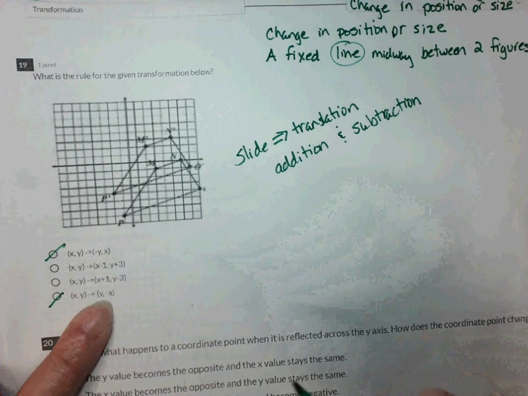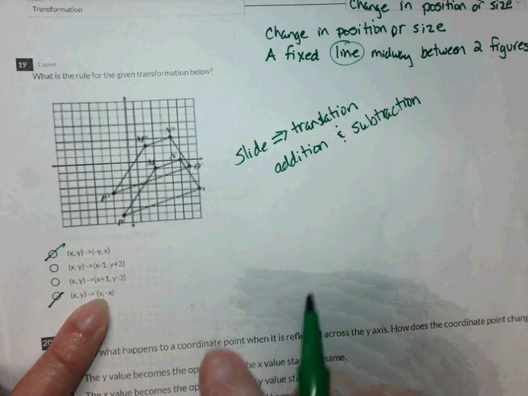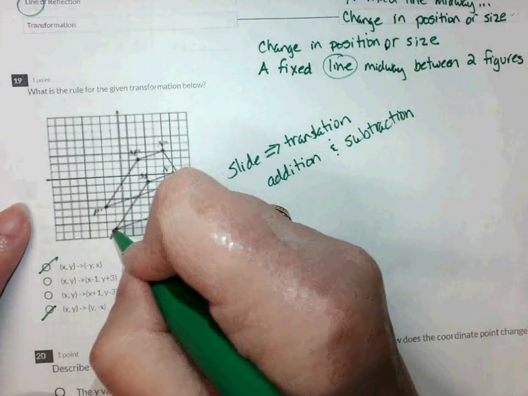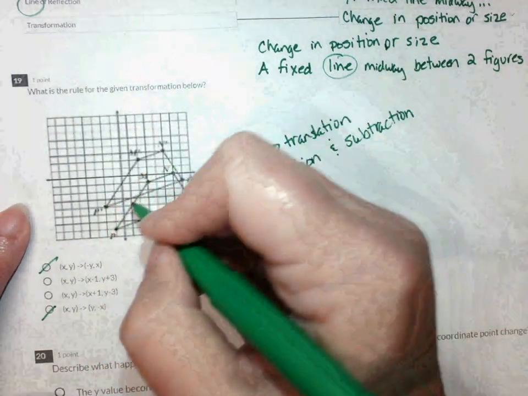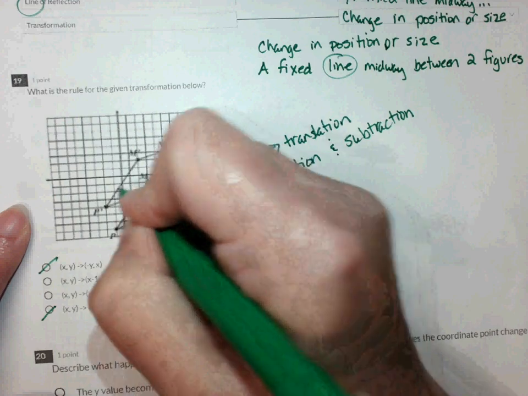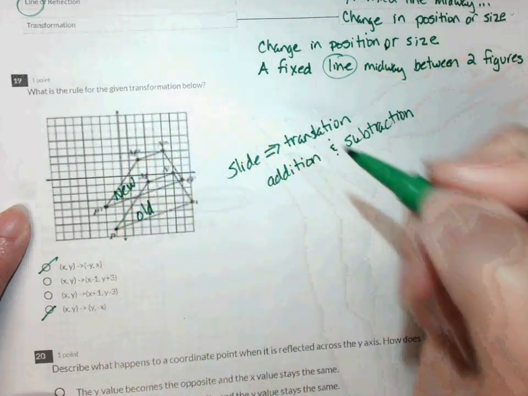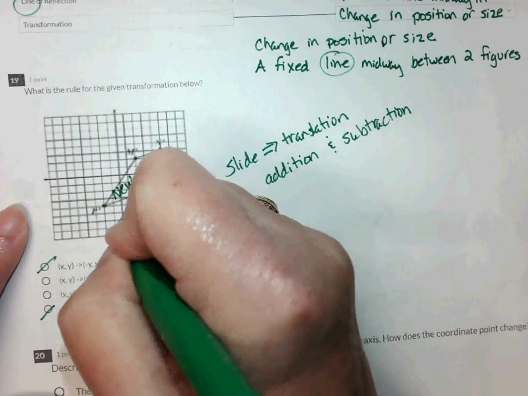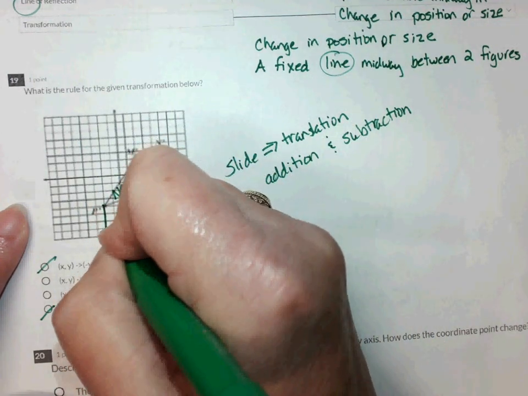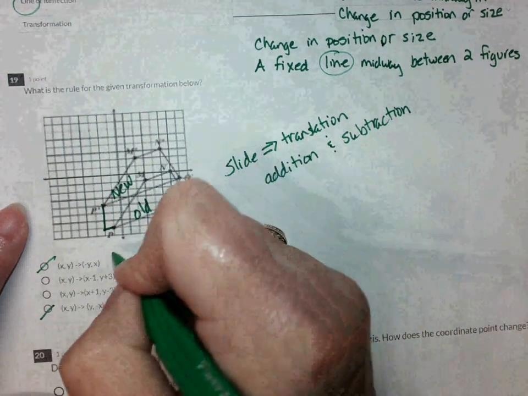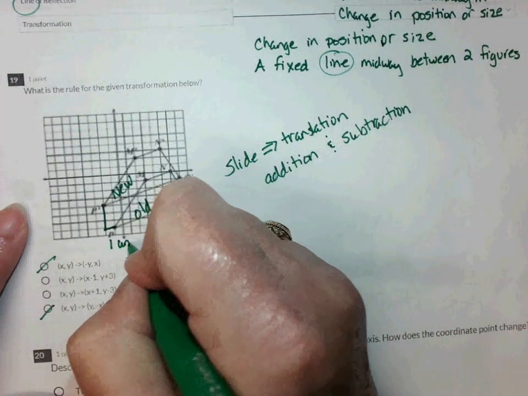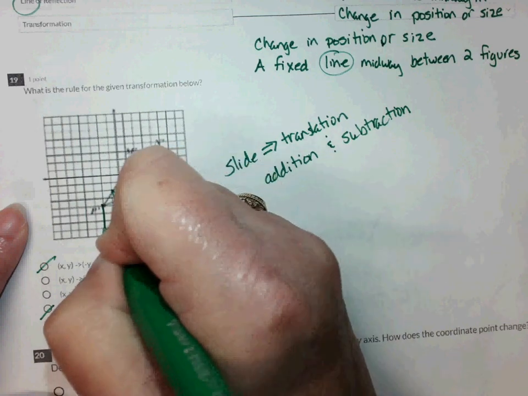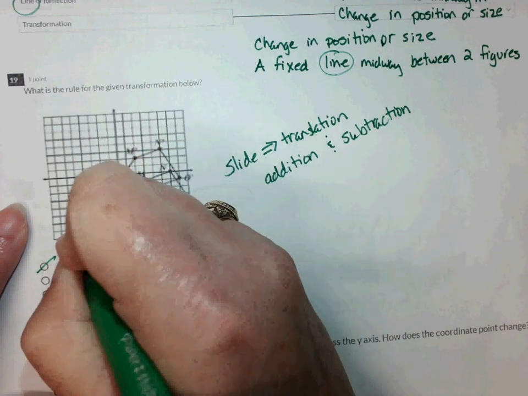And this one's out, there's no addition or subtraction there. It's one of these two. So I'm going to go from P to P prime. This is my old, this is my new. So to get from the old to the new, I have to go 1 unit left and 3 units up.